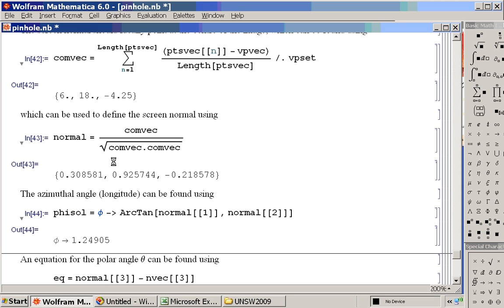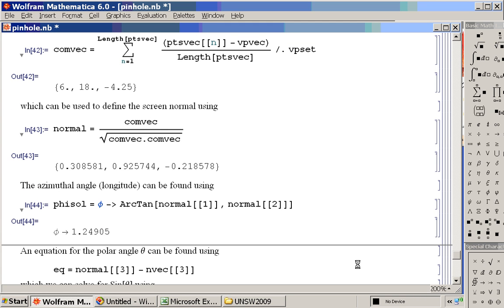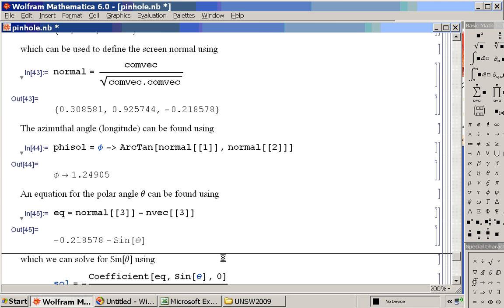This is the arctangent with taking regard to the signs of the 2 components here. And we can get an equation for the polar angle by taking the normal, this vector, and subtracting from it the expression for the 3rd component of our camera axis vector, and that gives us that.